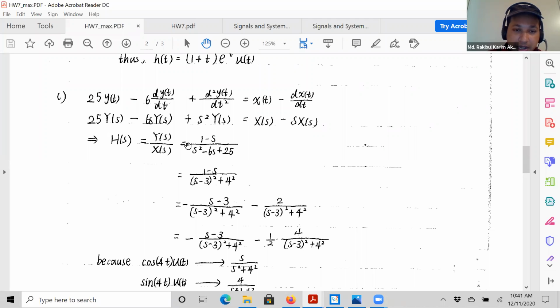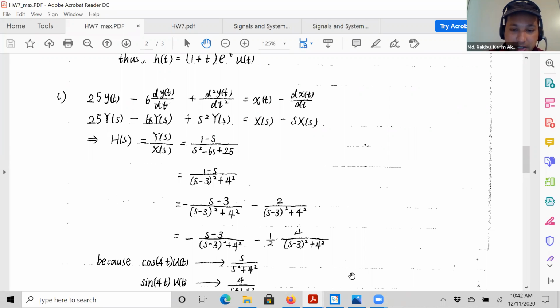At first, try to write this s square minus 6s in terms of a minus b whole square format. S square minus 2 times 6 is actually 2 into 3, the 2ab form. A square minus 2ab plus b square will give you a minus b whole square.